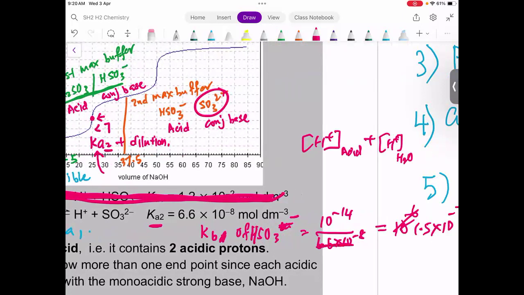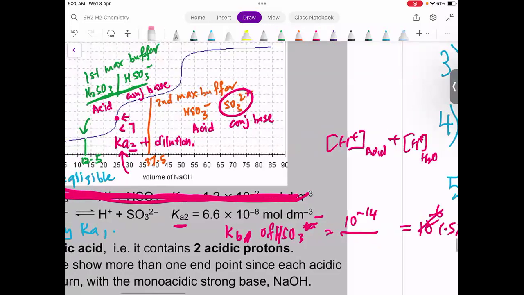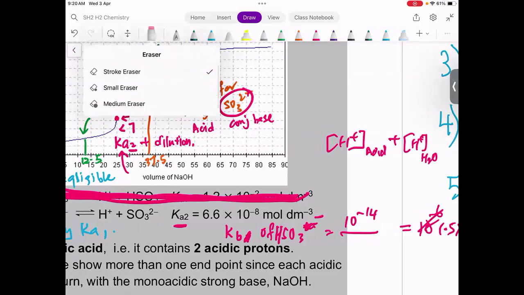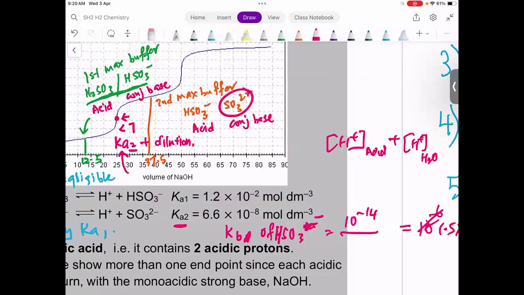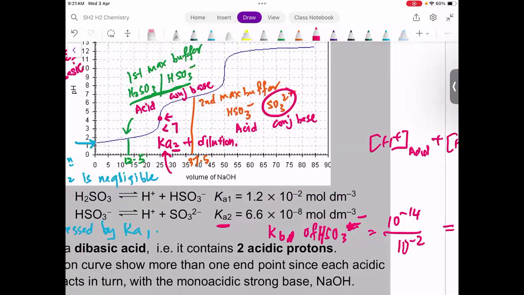It should be from Ka1. Ka1 is 10 minus 2, so the Kb value is actually very, very small. Therefore, it's more of an acid than a base. So this one is correct. Do you understand what's going on? Sorry, it's just a one-to-one conversation.